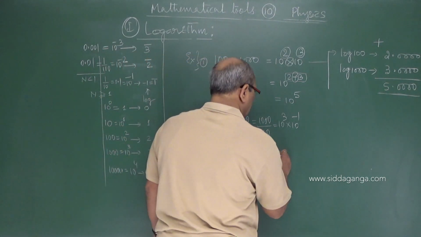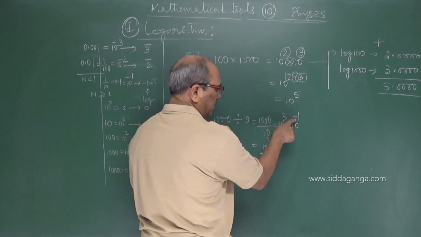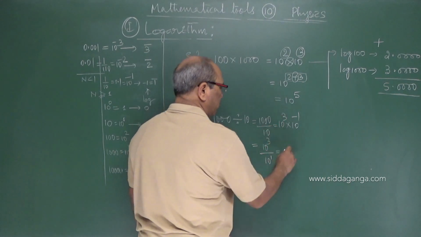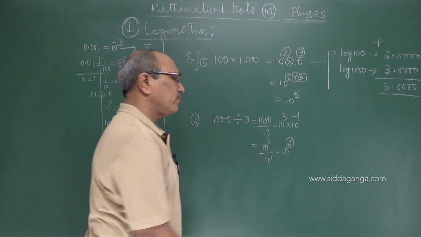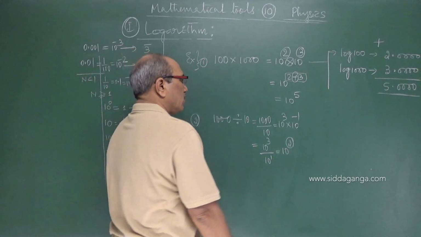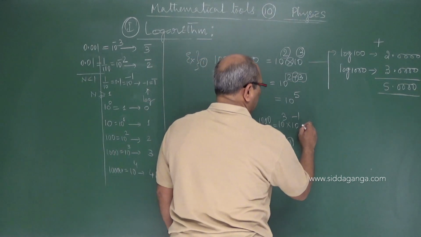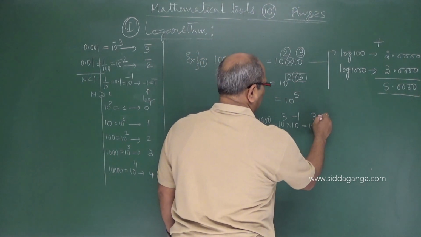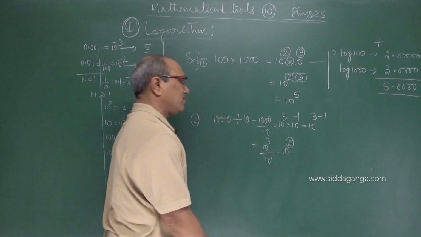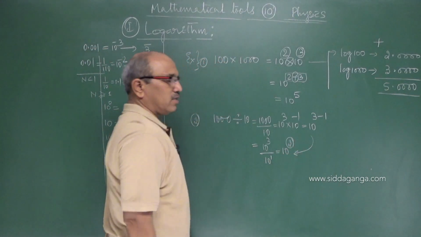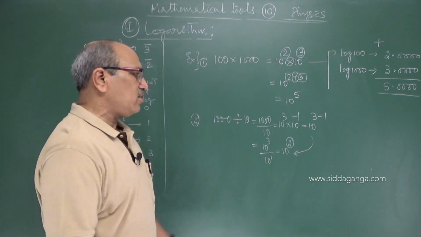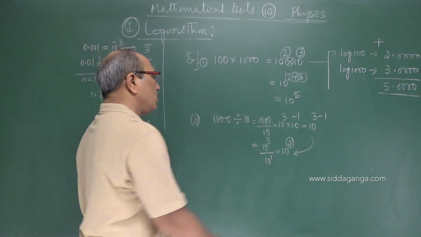Now I can write 3 minus 1 according to the law of indices, and write the answer as 10 power 2. I am not going for log here, I am explaining on the basis of the law of indices.